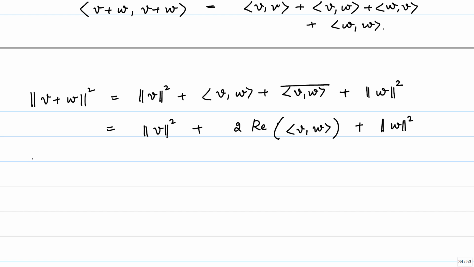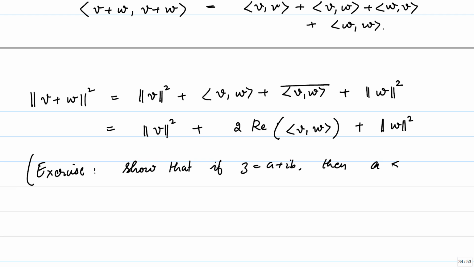A check for you, an exercise for you, is to show that if Z is equal to A plus iB, then A is less than or equal to mod Z. This is something which you should be able to do, because what is mod Z?